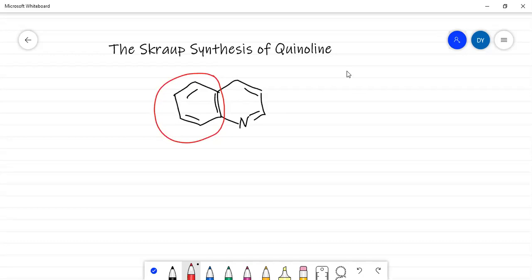Sorry, this ring is a benzene ring, and this ring, which is marked as blue, is a pyridine. So quinoline is made up of these two rings, pyridine and benzene.